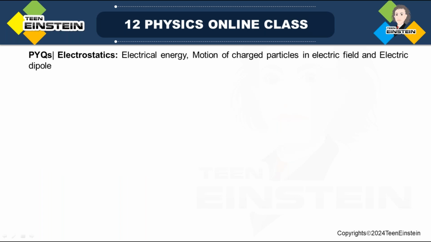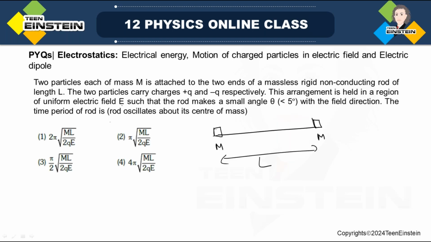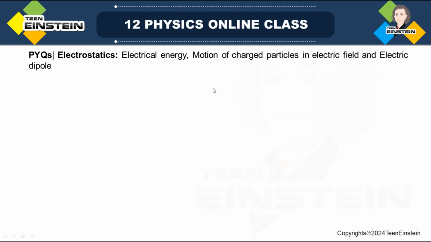See, I'll just go to the next page. So suppose I have a dipole here. Actually, there are two charges, positive and negative. These particles have positive and negative charge. That means this massless rod will act as a dipole. Here, suppose, positive charge and here negative charge is there.